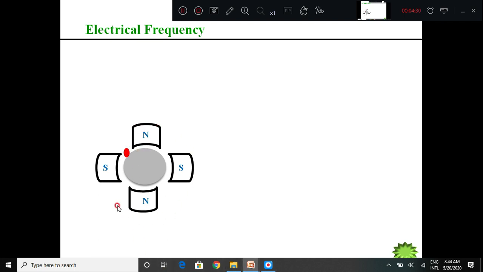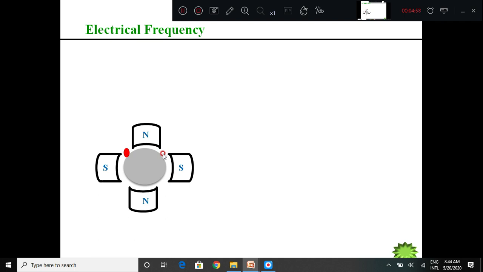Consider a 4-pole machine and there is a rotor. I am considering a single conductor. When this conductor starts rotating, when it is moving from one interpolar axis to another interpolar axis, or it is under the influence of an N pole, a half cycle of induced voltage is induced here.